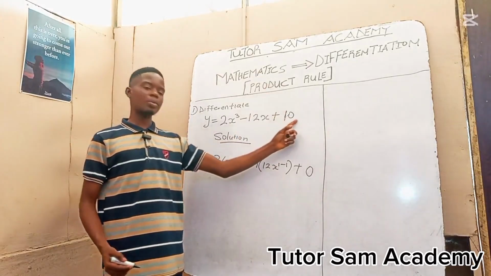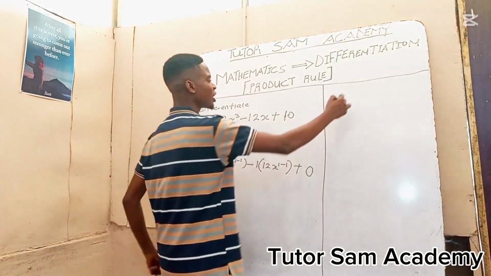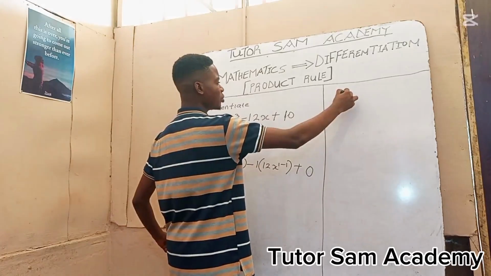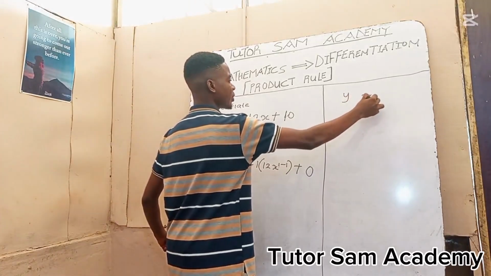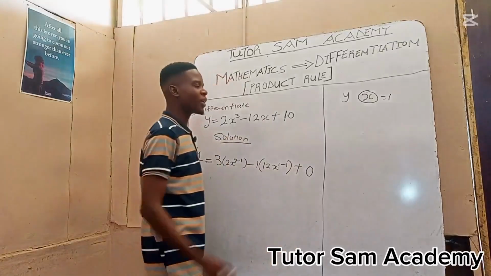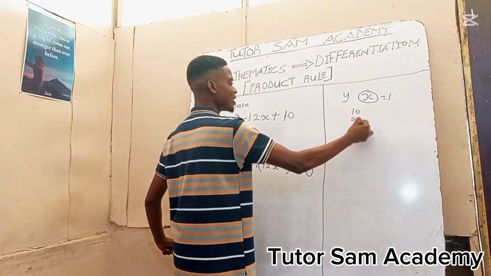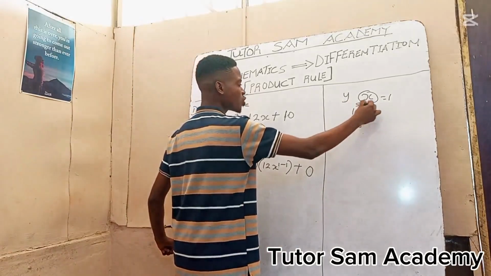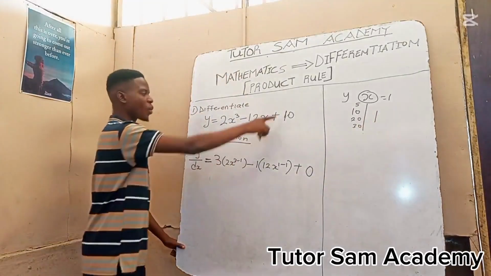When you bring 0 to multiply this, everything will lead to 0. But whenever you are differentiating a variable like x, it is always 1. Whenever you are differentiating a constant number like 10, 20, 30, 5, it will always give you 0. So that is why 10 is 0.